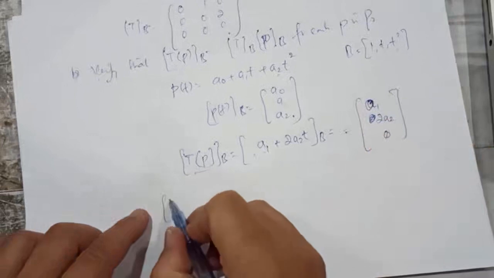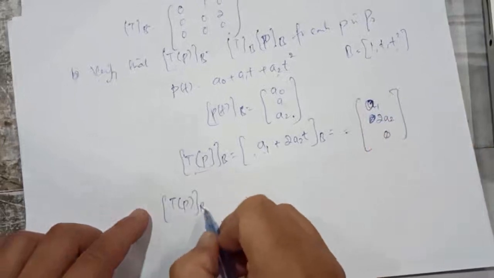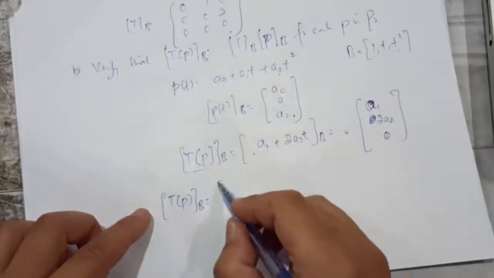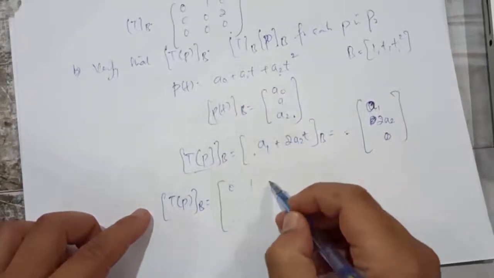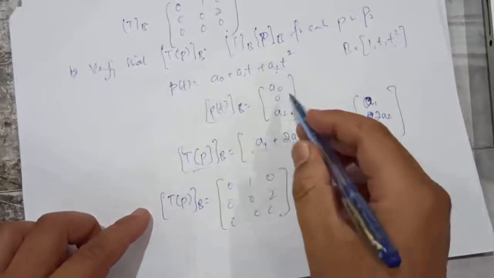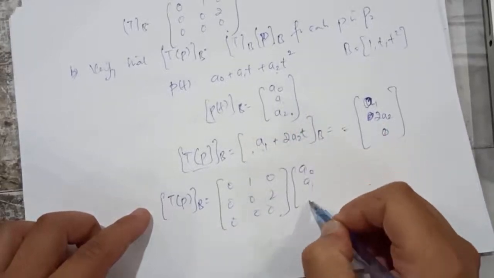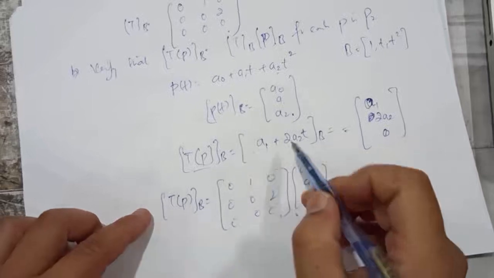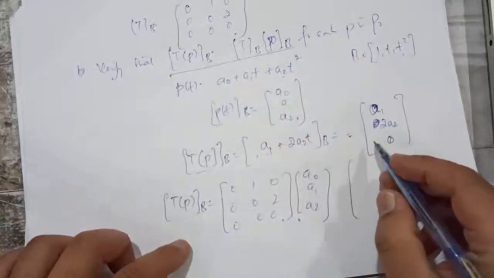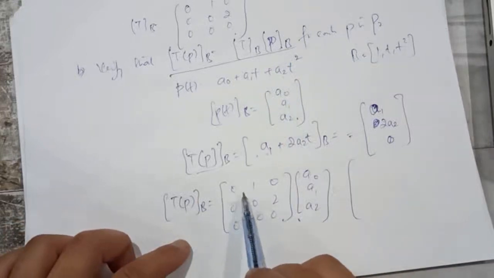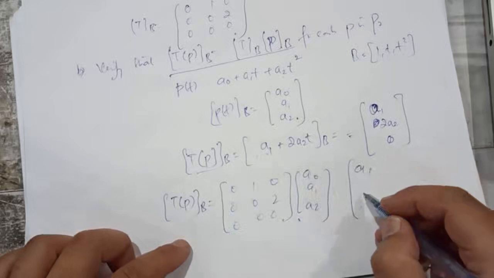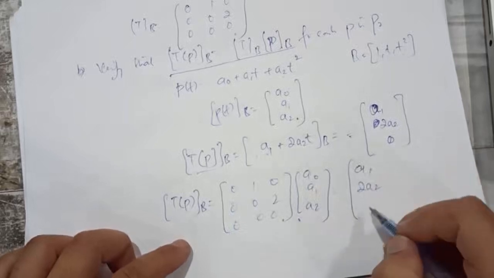So what we have now is T of P in B should be equal to the matrix 0, 1, 0, 0, 0, 2, 0, 0, 0 times a naught, a1 and a2, right? The formula which is written over here. So if I multiply that, it becomes a1, 2a2, and 0.